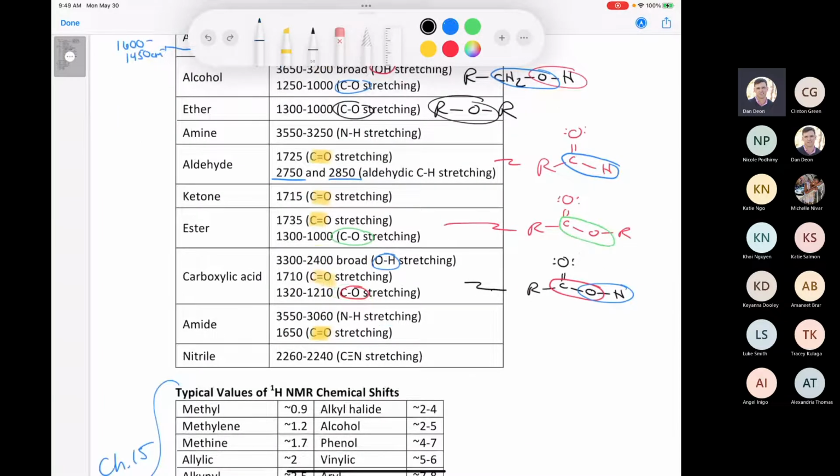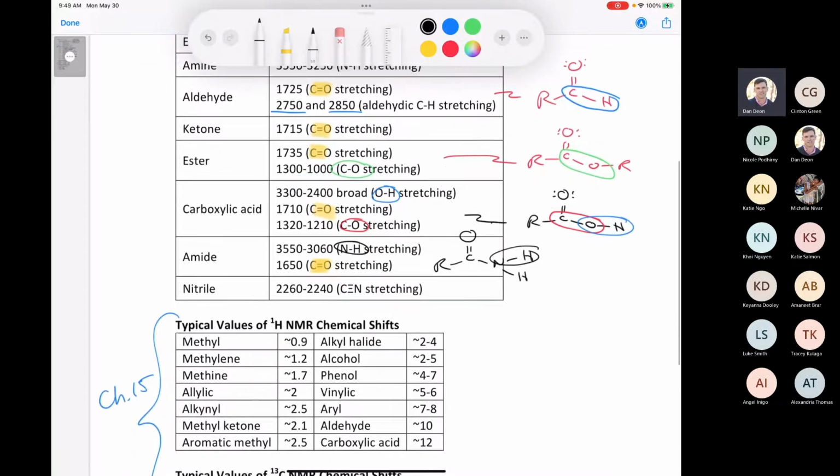And amide, we don't look at a ton of amides, but you should know the amide. So the amide has the carbonyl, but it also has a carbon-nitrogen stretch, which isn't even in here, so I digress. But the nitrogen-hydrogen stretching, I guess, is shown in here. So we have that, and that is around 3550 to 3060.